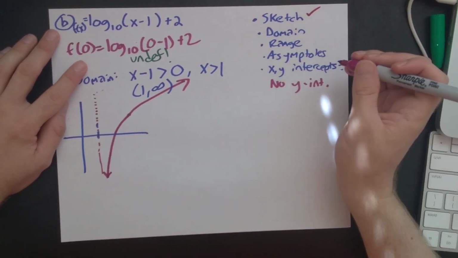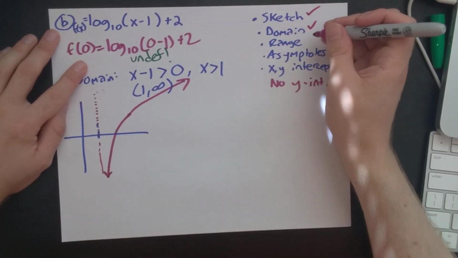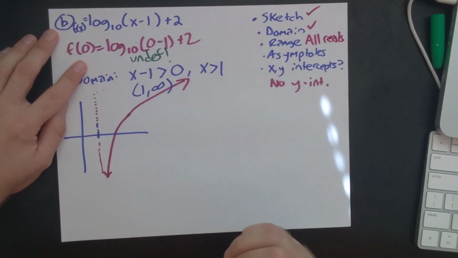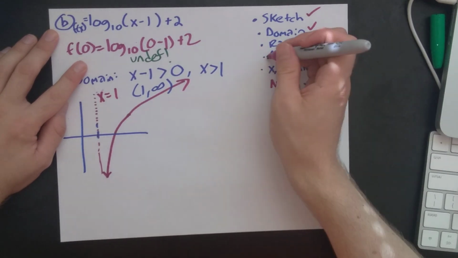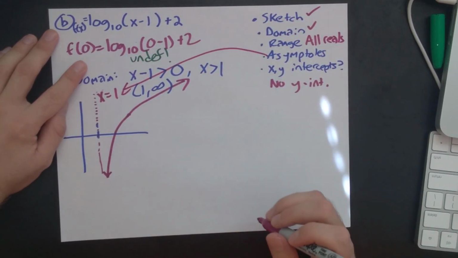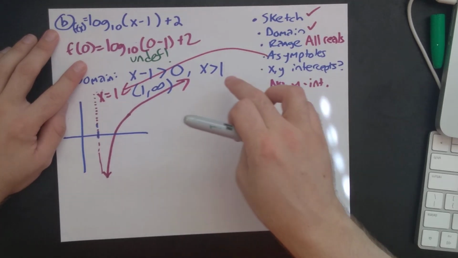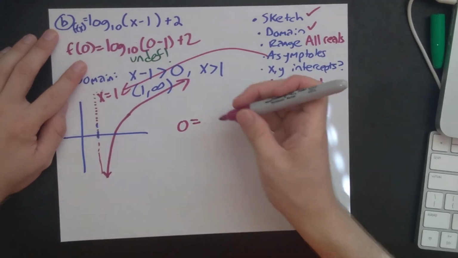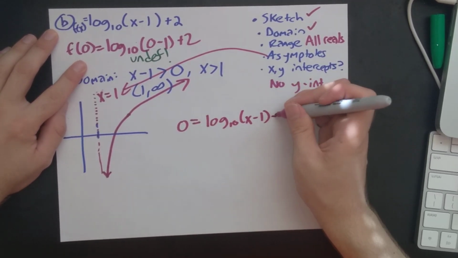So we've got our sketch taken care of, we've got the domain. The range actually is going to be all reals. It has one asymptote at x is equal to 1. And the last thing we want: we said there's no y-intercept. What's the x-intercept? This is basically when is the function equal to 0.